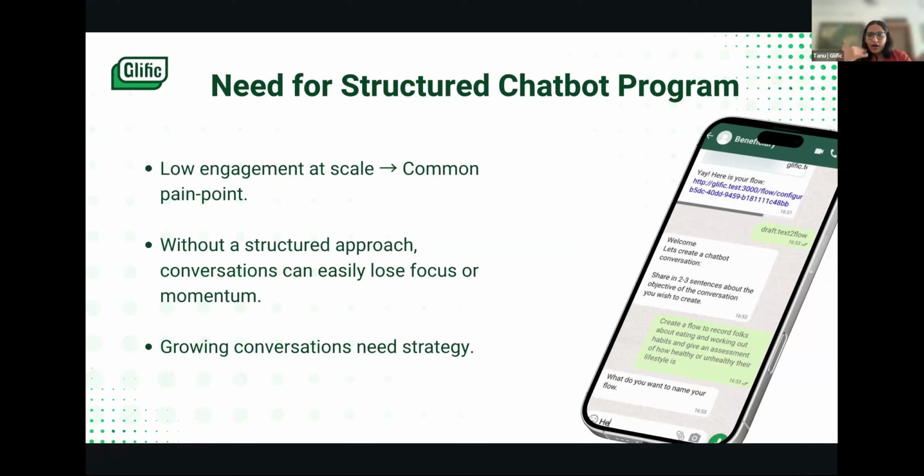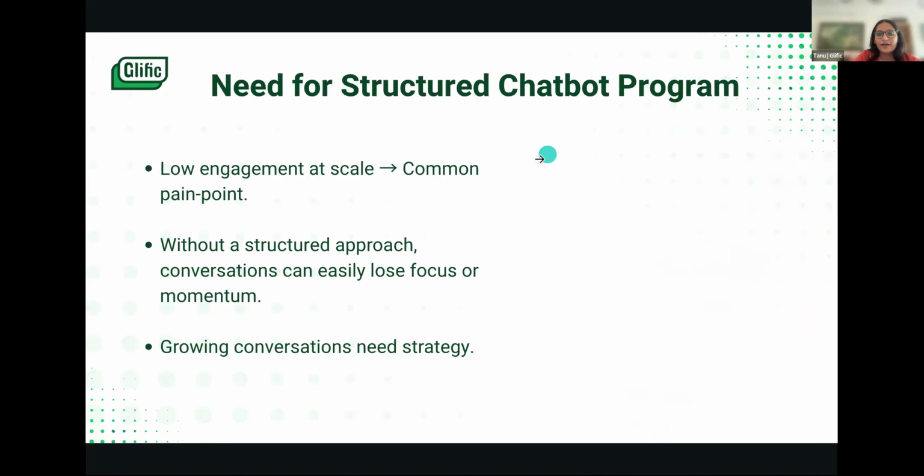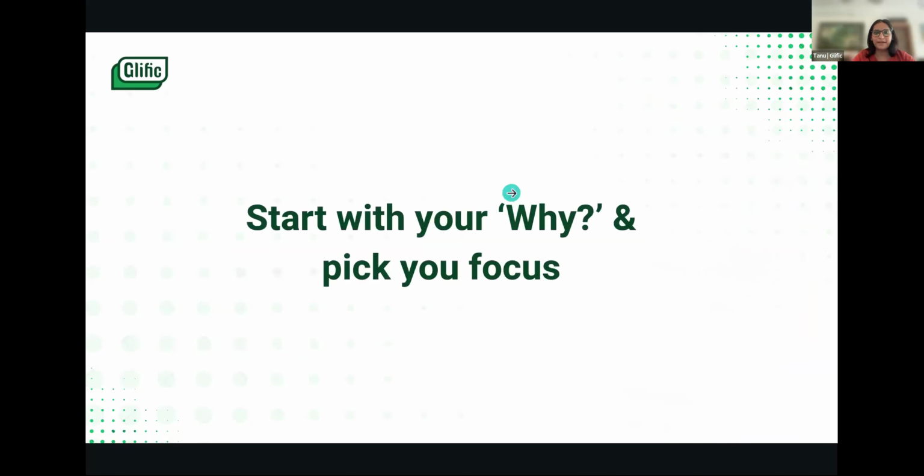If you don't have a plan on how you're going to respond to each of them, there are very high chances that you miss the messages, or you give different responses to the same questions to different people, right? So having that understanding that we need to put a structure whenever the user base grows is very important, right?